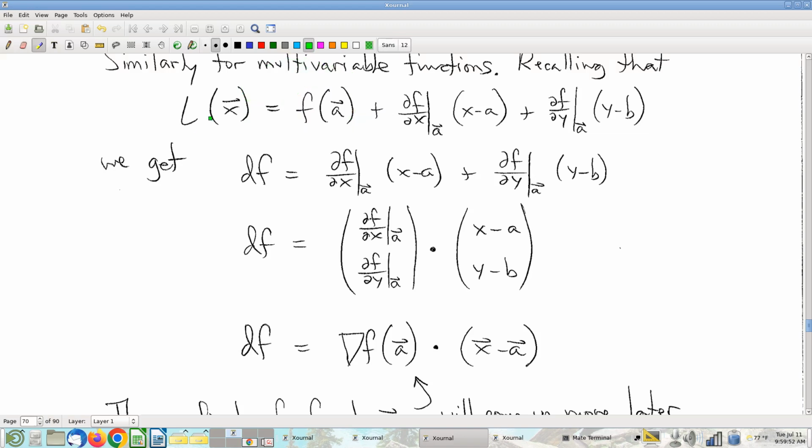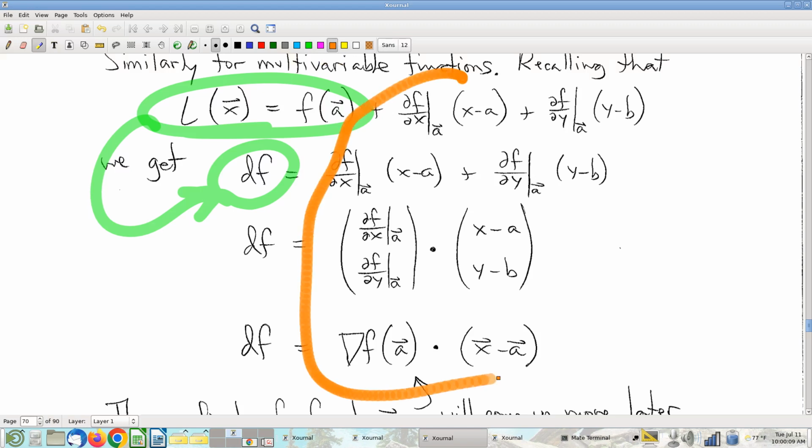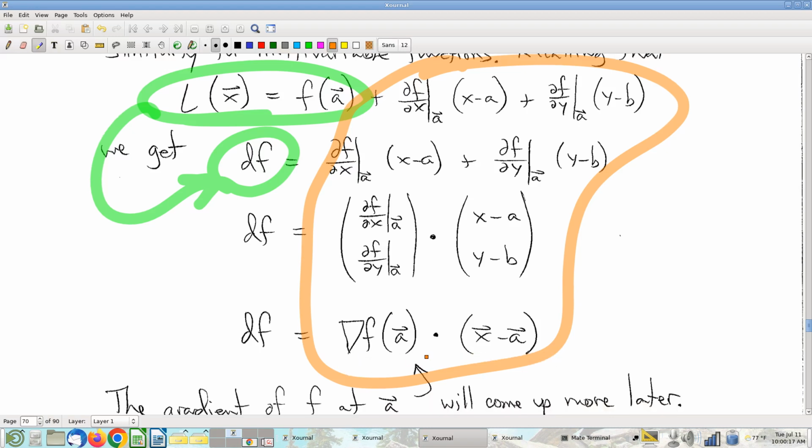So I can effectively think of this as turning into df, our differential on the left-hand side. It's a change in the linear approximation. On the other hand, recall that we talked previously about how you can interpret those extra terms as being basically a dot product. Just a handy-dandy little notation there.